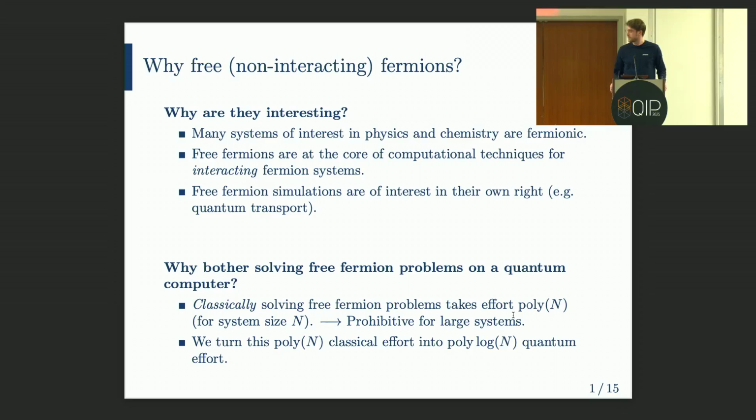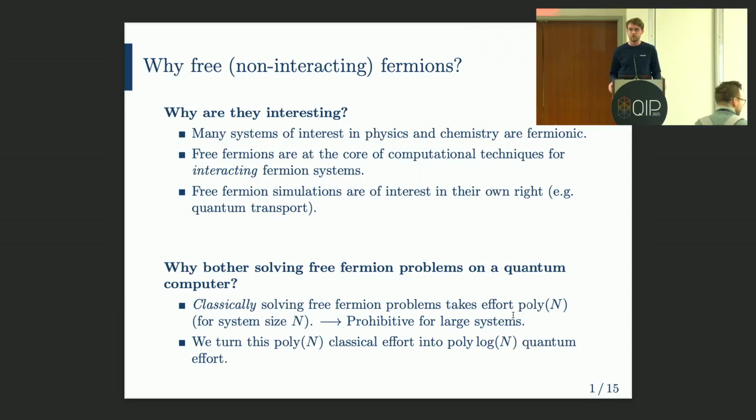And then the second question is, why bother solving them on a quantum computer? Because as I said, classically they require resources that scale polynomially in the system size, so polynomially in capital N, where, speaking of fermions, N will denote the number of modes. But this polynomial can become prohibitive for large systems in a very practical sense.